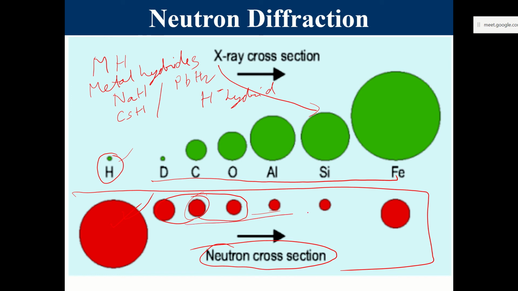This scattering is different; it is not from the electrons. When we are talking about neutron diffraction, the scattering occurs through the nuclei, the heavier atomic cores, and not electrons. It remains unaffected by the presence of electrons around the nucleus, hits the nucleus, and from there it gets scattered.